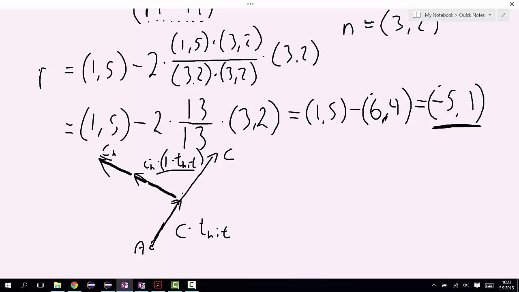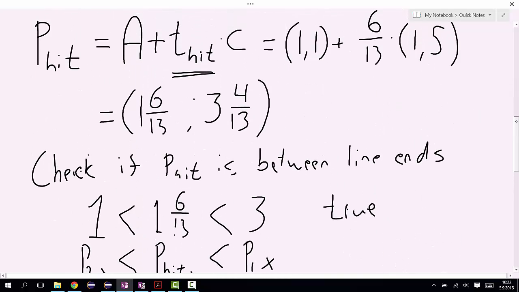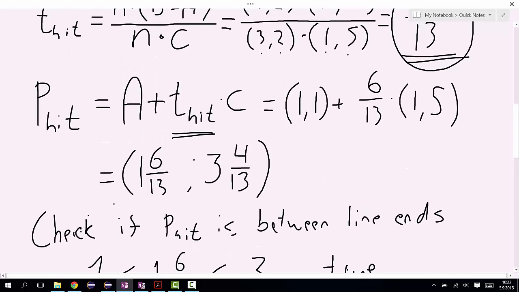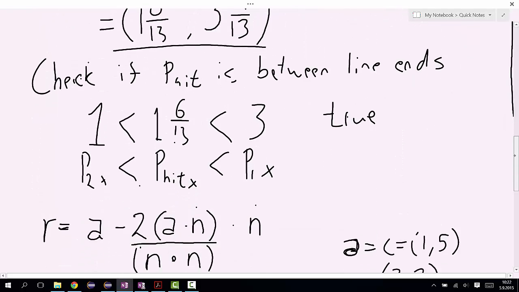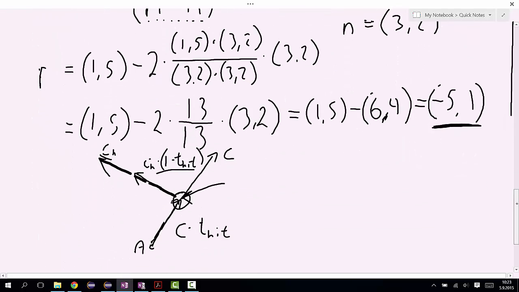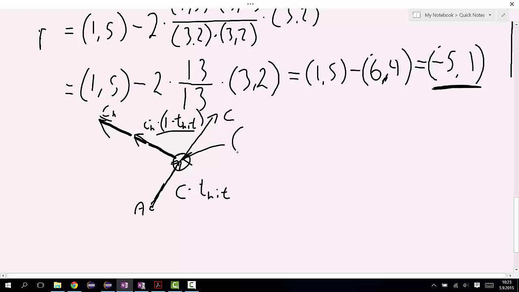So we know that after traveling c times t hit, it'll be at the hit point. We've already calculated that. It's here. 1 16/13, 3 4/13. We have 1 6/13, 3 4/13.